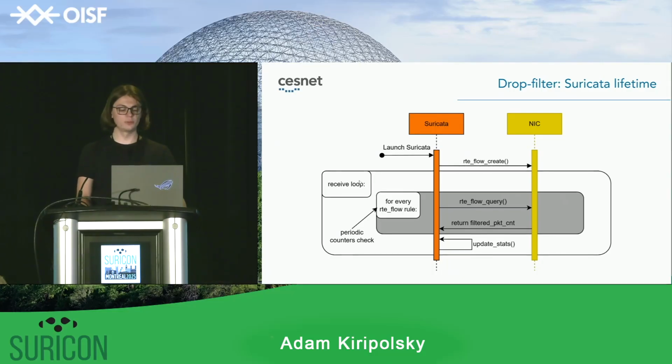In the receive loop, there is a periodic counters check where, for every rule, we call the RTE Flow query API call, and throughout this we gather the statistics, namely the bytes and the packets that were hit by the rule. With these statistics, we can update the global stats and continue the runtime.